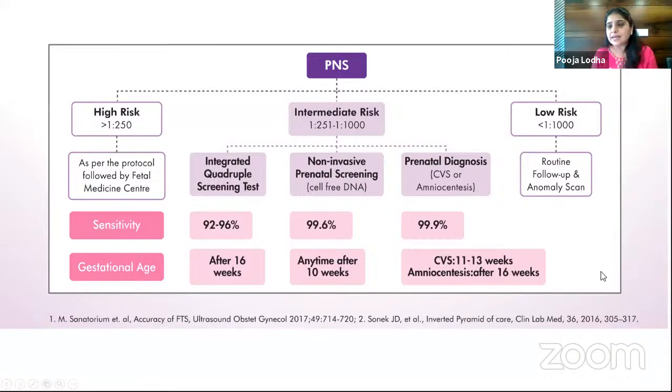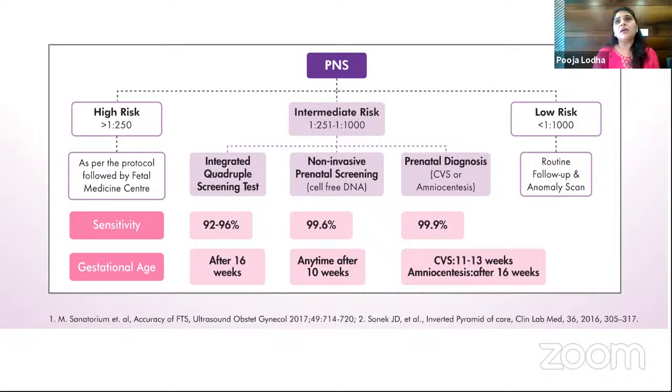Let's clear it up. Like I said, once you do a screening test, you have to step up. You have to do something better. So something better is either a diagnostic test or a better screening test. And the better screening test is NIPT, about which the next talk is. And of course, the diagnostic test is chorionic villus sampling or amniocentesis. There are some women who would choose not to do any further testing.